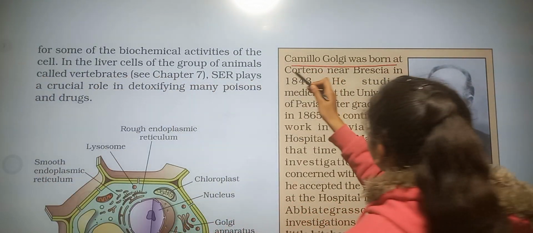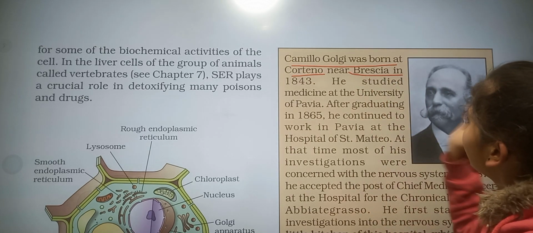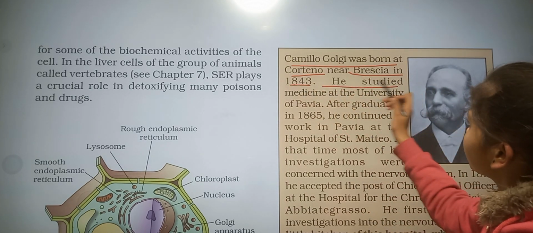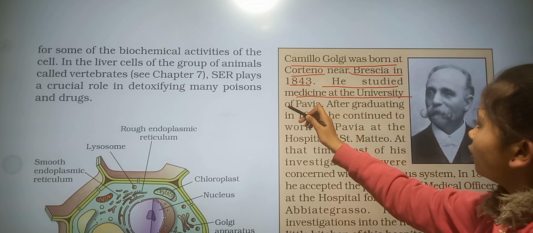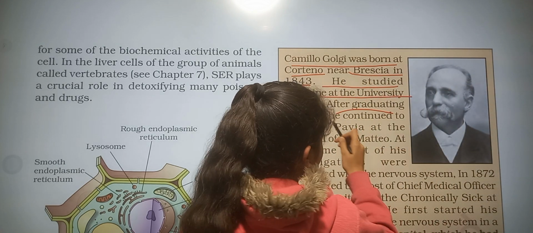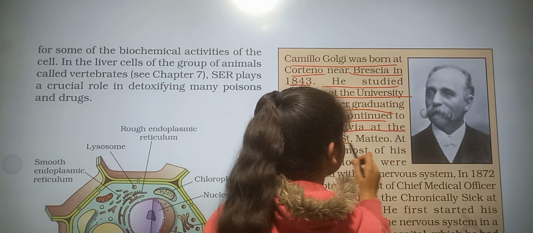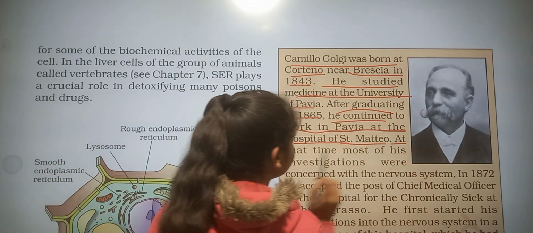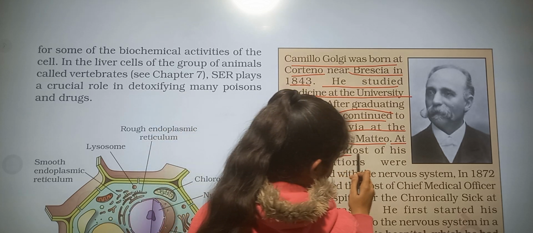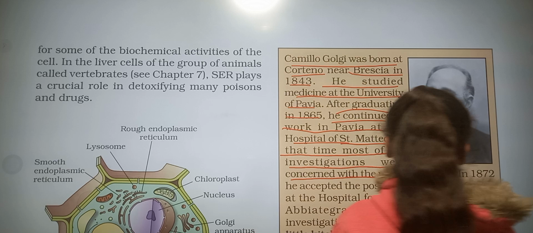Camillo Golgi was born at Corteno near Brescia in 1843. He studied medicine at the University of Pavia. After graduating in 1865, he continued to work in Pavia at the hospital of St. Matthew. At that time, most of his investigations were concerned with the nervous system.